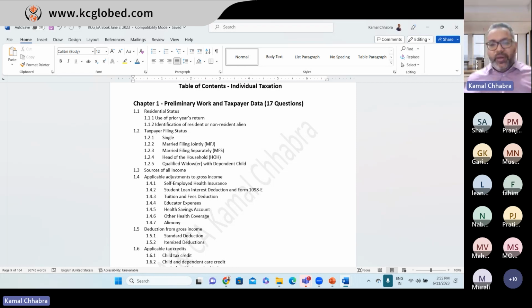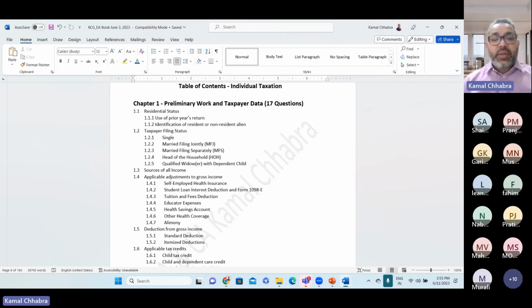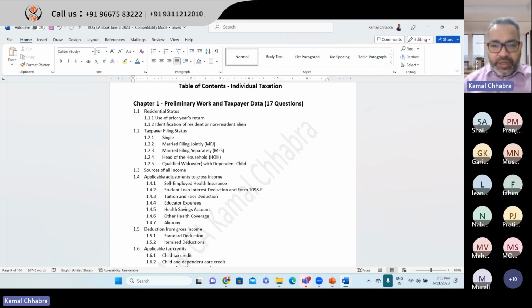This is a very different concept than your India tax department. Another is head of the household, and the last one is the qualified widower with dependent child.